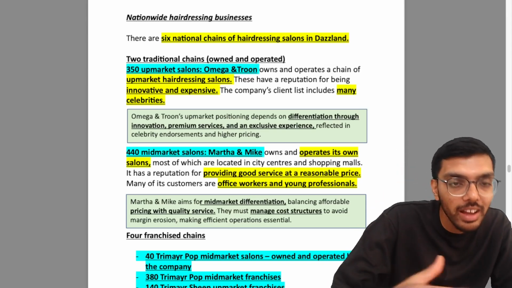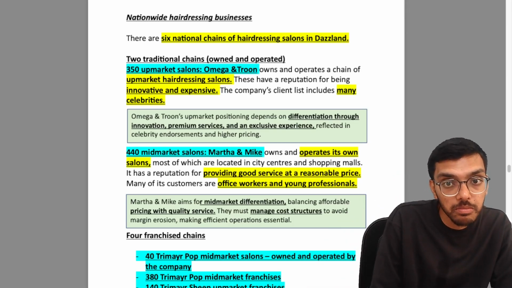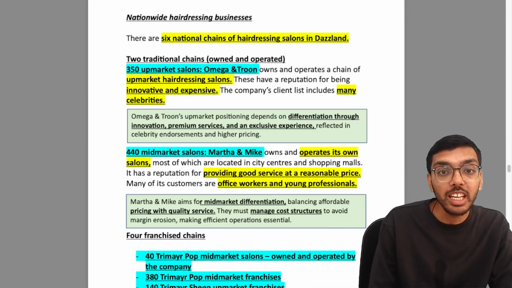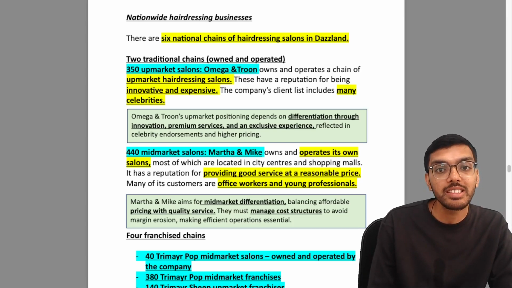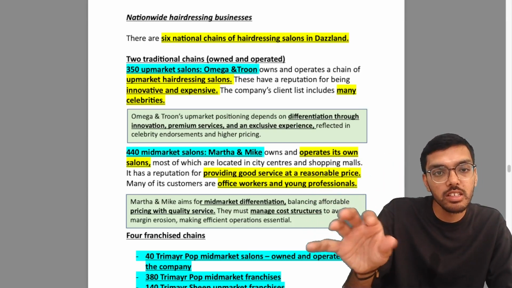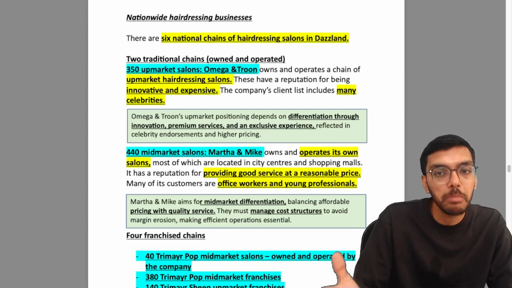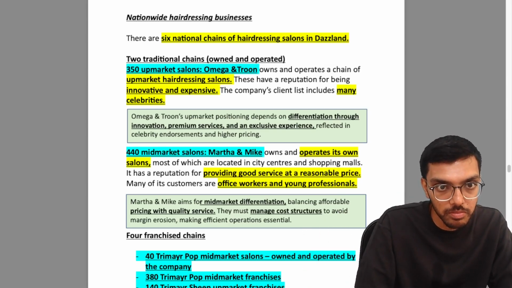They are owned and operated, so they will also be our competitors. They have a reputation for being innovative and expensive. The company's client list includes many celebrities. So they are completely in the differentiation space through innovation, through premium prices, and their clients are celebrities.